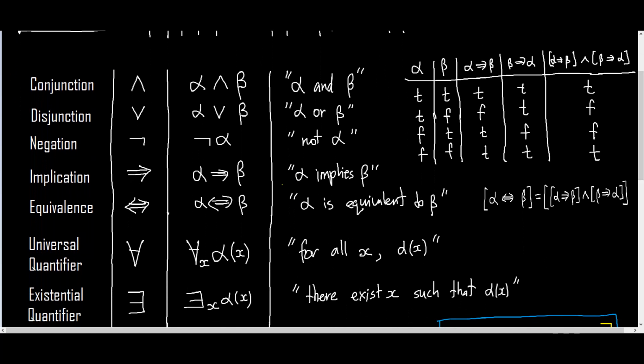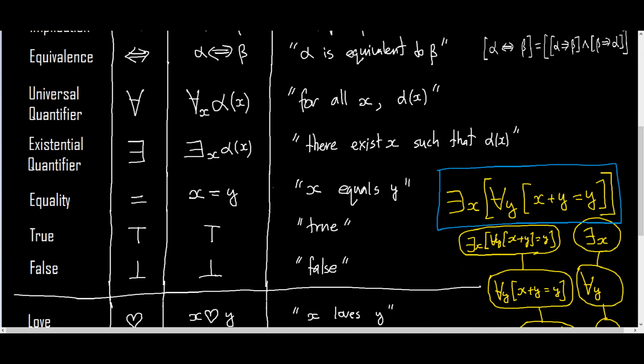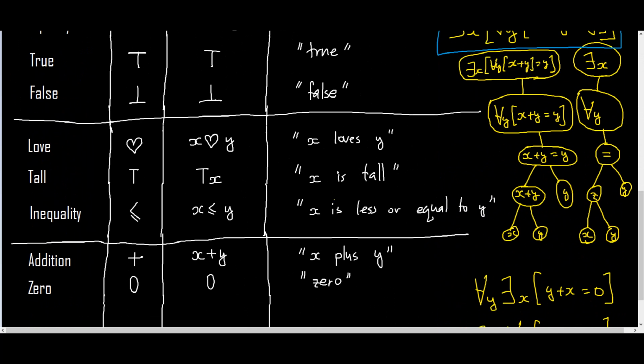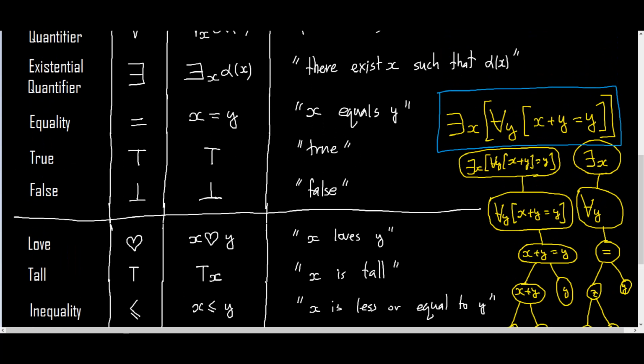We can create complex logical sentences using these building blocks. And the way we create them is very similar to how in arithmetic we combine various different operations and other symbols to create meaningful sentences. And so the brackets, the ones we've shown here, show us the order in which things have to be done.